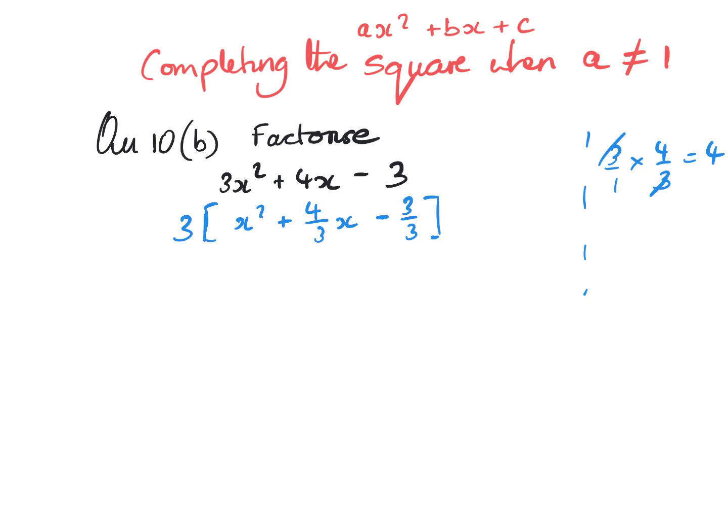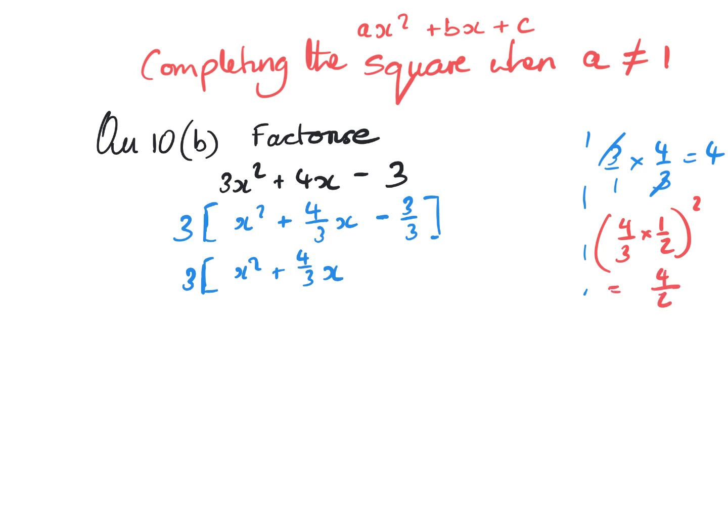Alright, so where do I go? Write down the first two terms. So the first two terms are, and that 3 will stay out the front all the time, x squared plus 4 on 3x. Now we need to halve that and square it. How do you half 4 on 3 and square it? Well, 4 on 3 times a half, and then you square it.